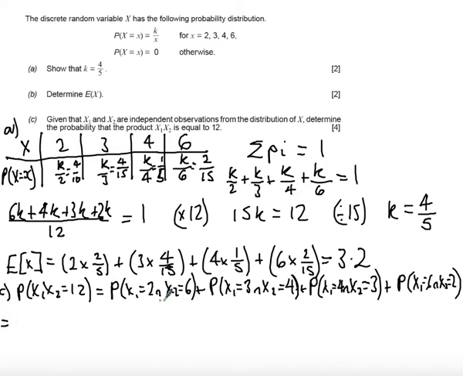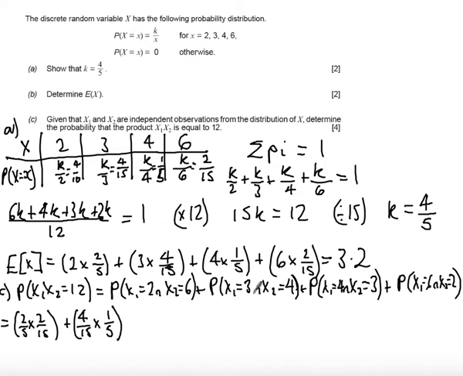So then just calculating these, remember these are independent probabilities. So we're going to do probability of x equals 2, which is 2/5, times probability of x equals 6, which is 2/15, plus probability x is equal to 3, which is 4/15, times probability x equals 4, which is 1/5.